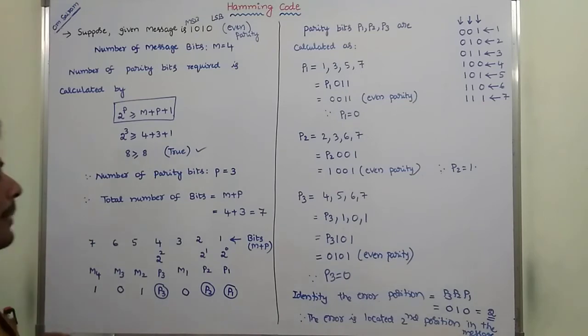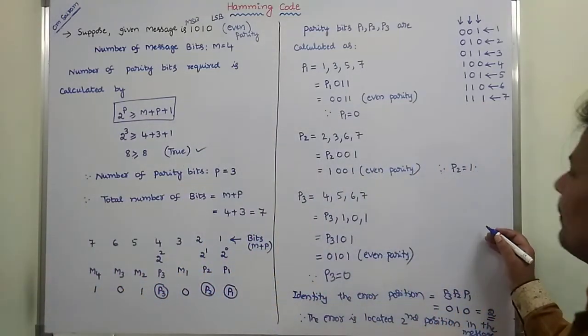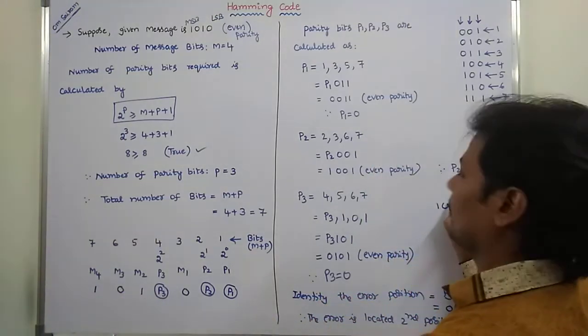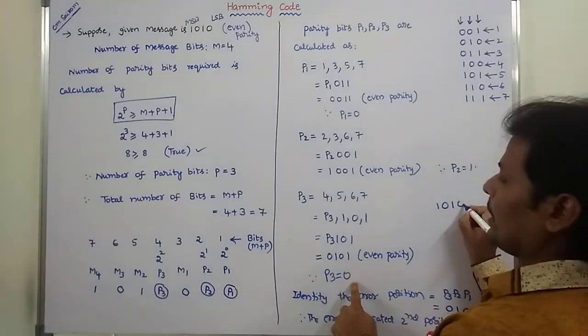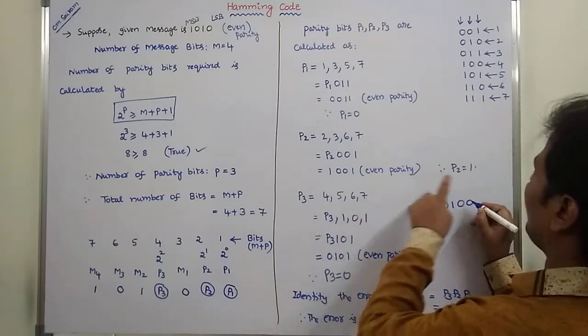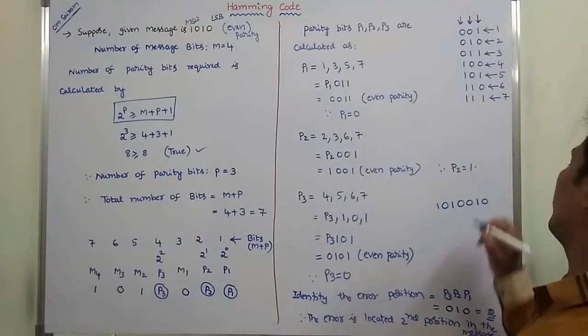So the total message we require, after calculating the parity bits, is 1 0 1. Next P3 value is 0, M1 value is 0, P2 value is 1 and P1 value is 0. Okay.